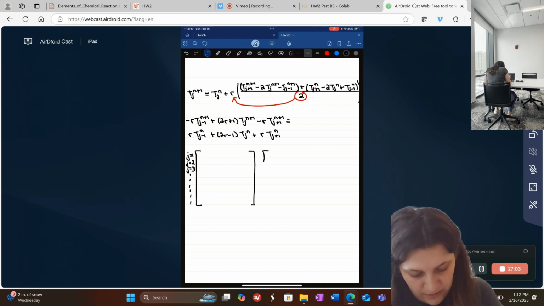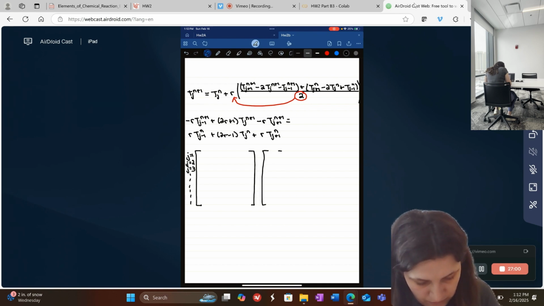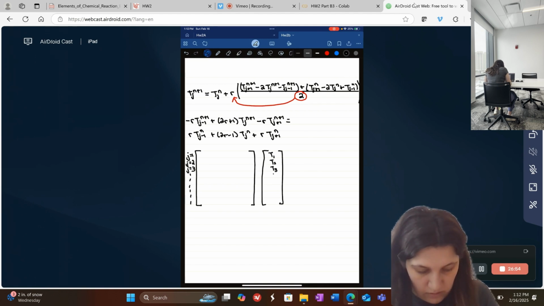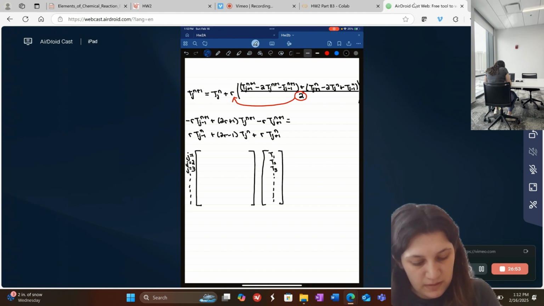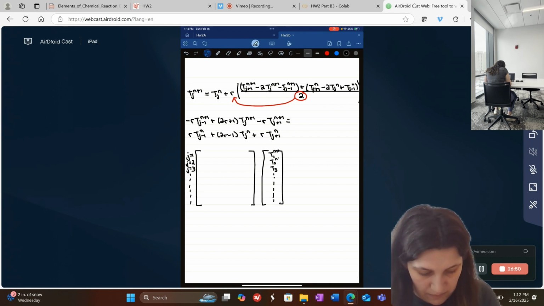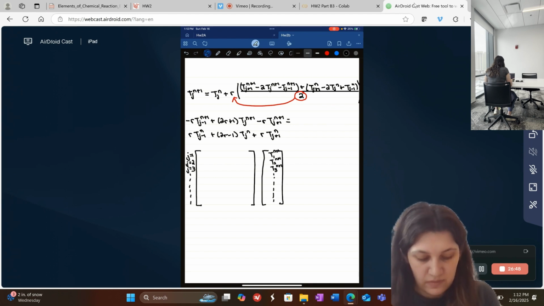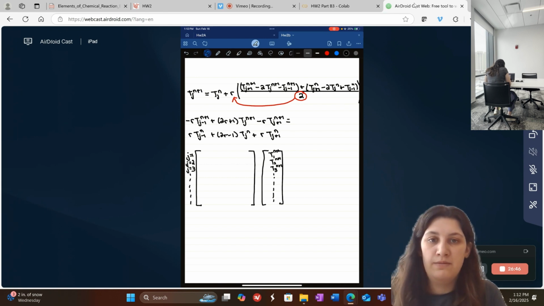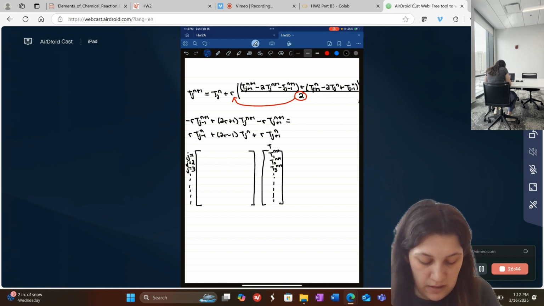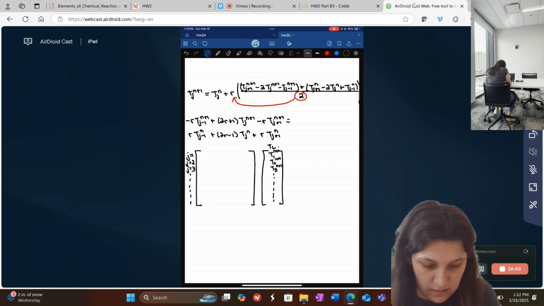And then we have our vector of temperatures. We have T1, T2, T3, all the way down. And these are T at n plus 1. And for these, we do have 2 knowns. We know that our T left is equal to 50, and our T right is equal to 80 degrees.